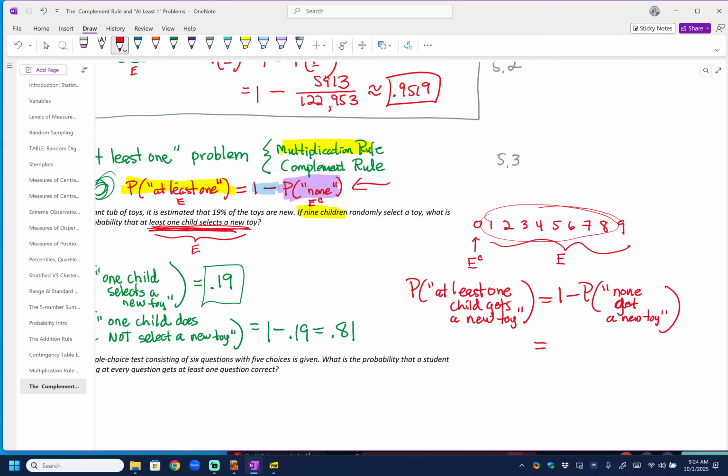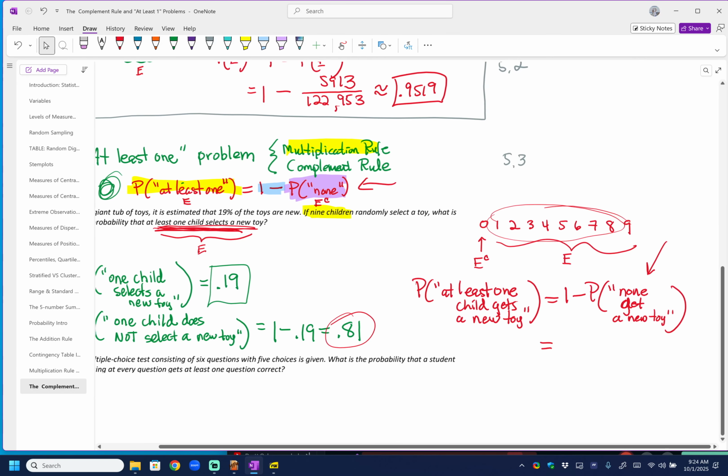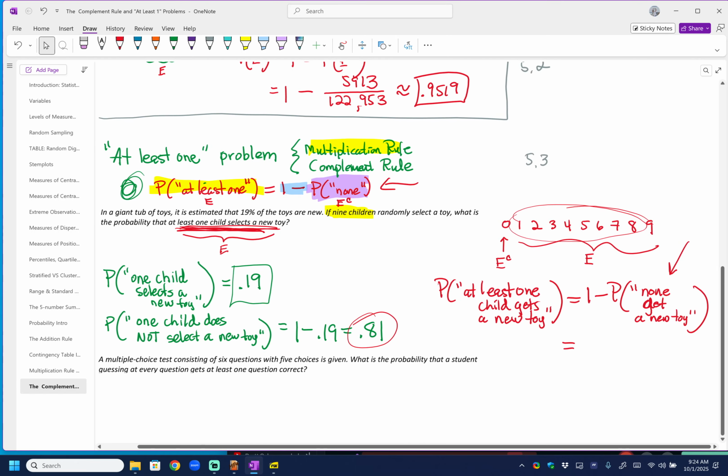Now, some students right away will look at this and be like, well, isn't that this number? No, that's the probability for any one child walking up and grabbing it. What do we want? We want it for all 9 children. So what if all 9 children went up there and none of them ended up getting a toy? Then that would be the probability of one child not getting a toy, and then the next child not getting a toy, and then the next.